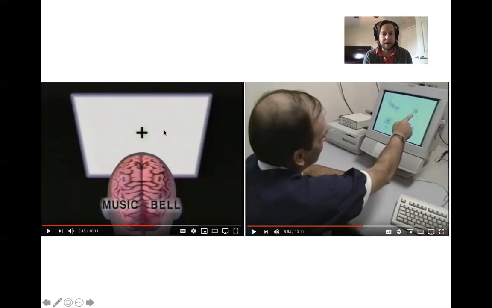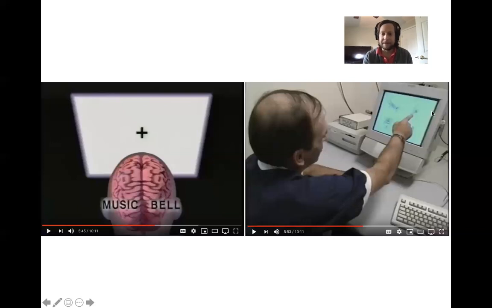Music was presented in the right visual field, which went to the left hemisphere of the brain. And here's the weird part: this patient is pointing to the word bell. If you go back to the video, they talk about it and say he pointed to the word bell, even though that's weird, because the left hemisphere, which is controlled by this right hand, saw music. And so right here, this actually shouldn't have happened.